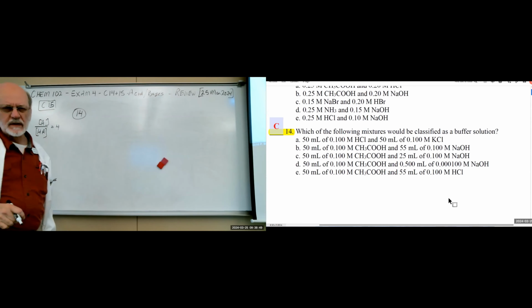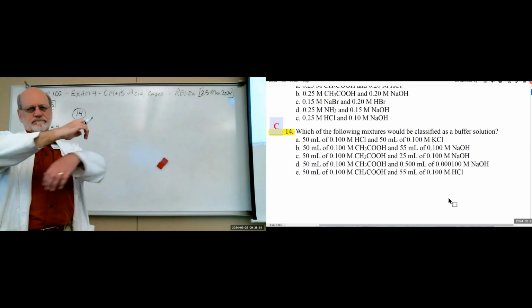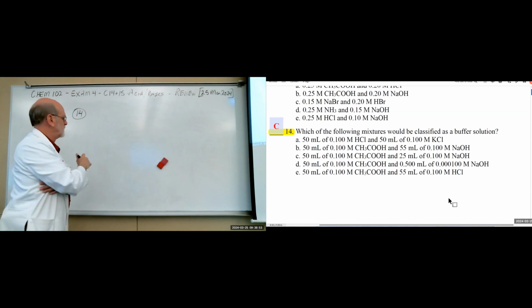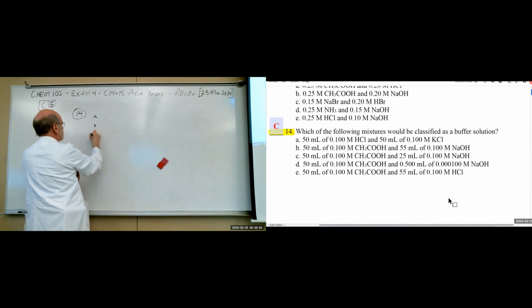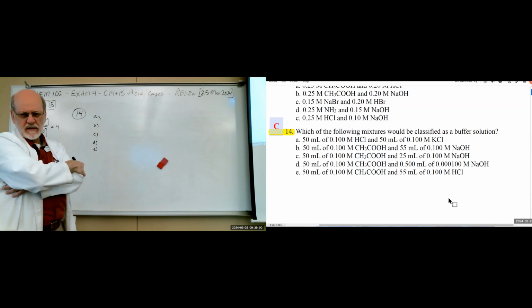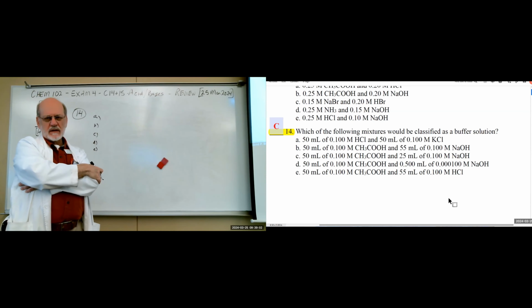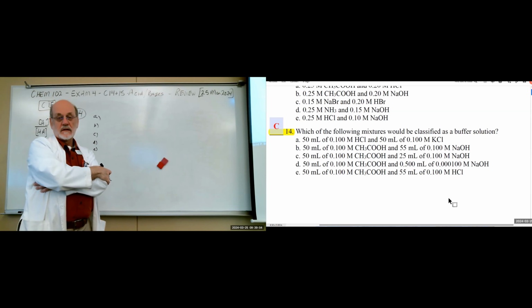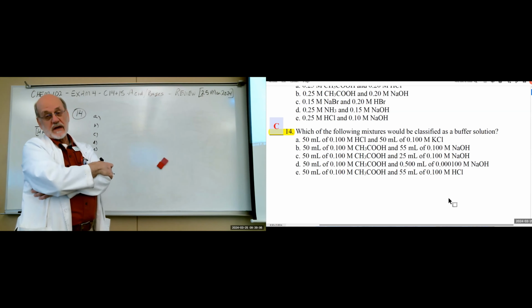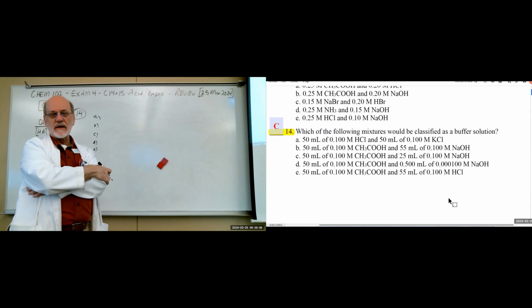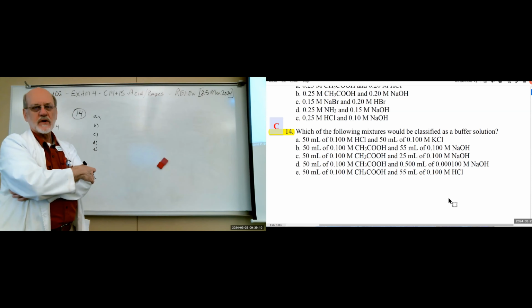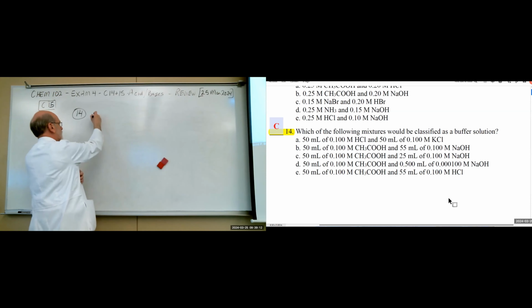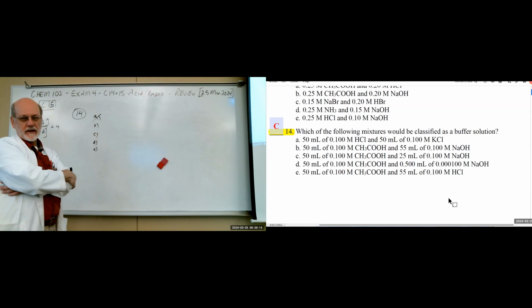Let's see. A, B, C, D, E. What does A have in it? There's nothing. It's got a salt of chloride, but chloride is not a strong base because HCl is a strong acid. Right, so that one can't be it. I throw that one out.